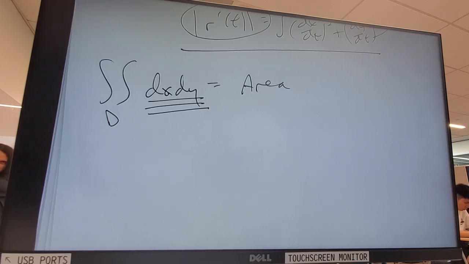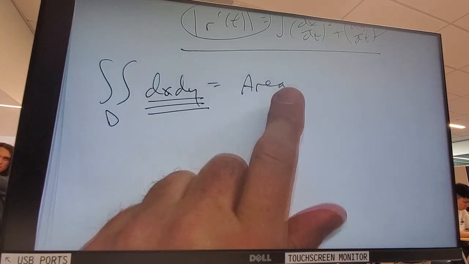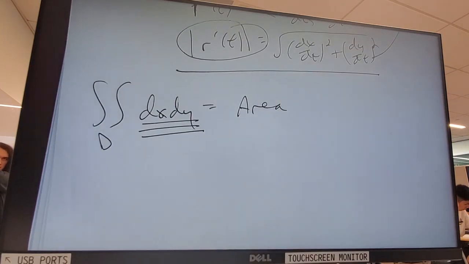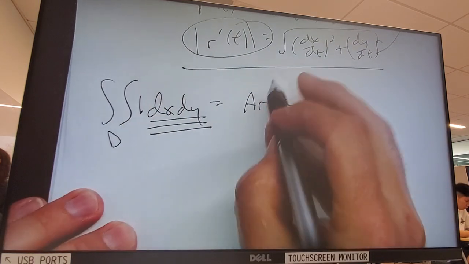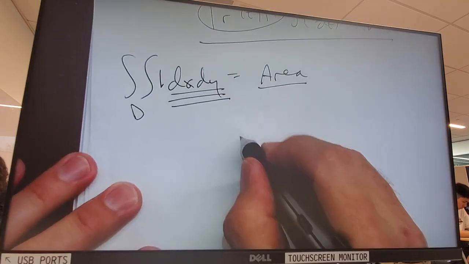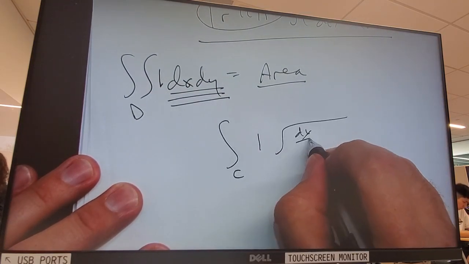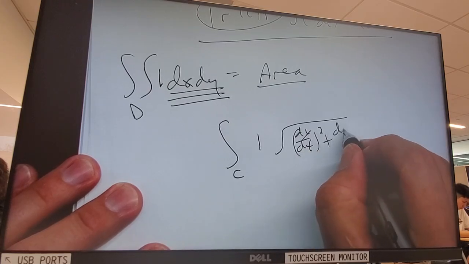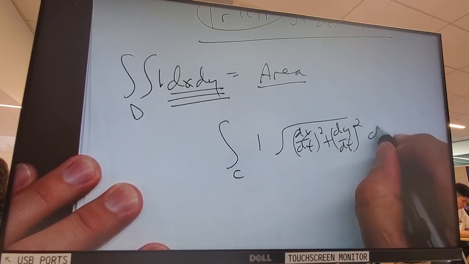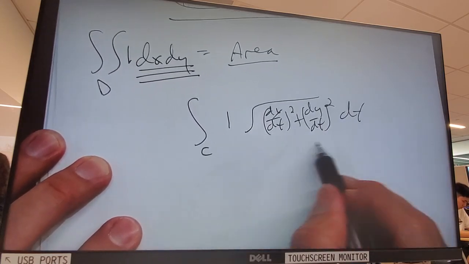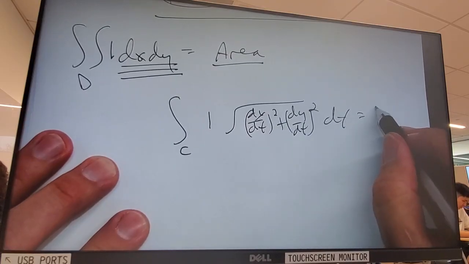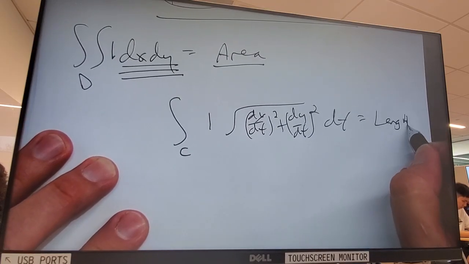Now I don't have a region, I have this curve to move along, and that's what this guy captures. So the same way that when there's a 1 inside I end up with area, when there's a 1 inside of this, it gives me length. Length of C.